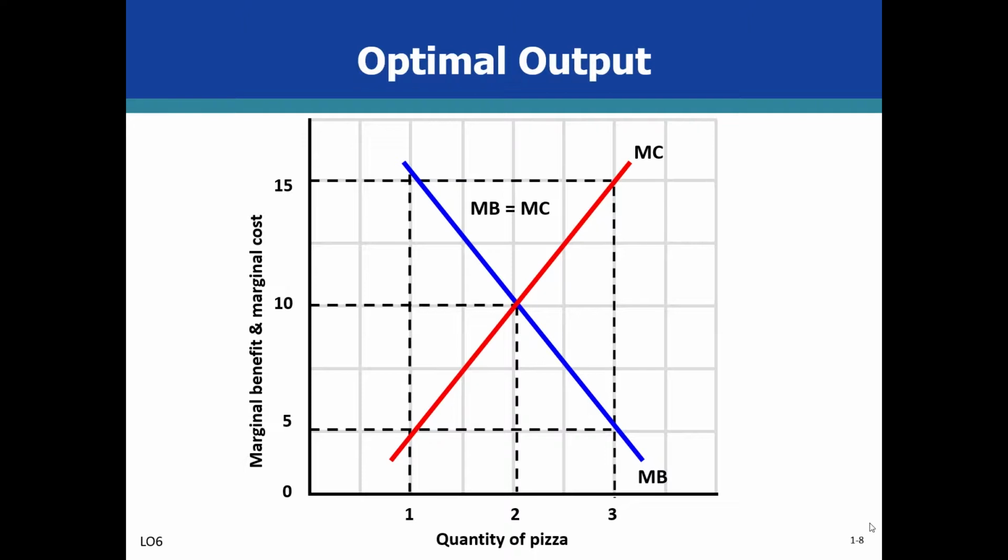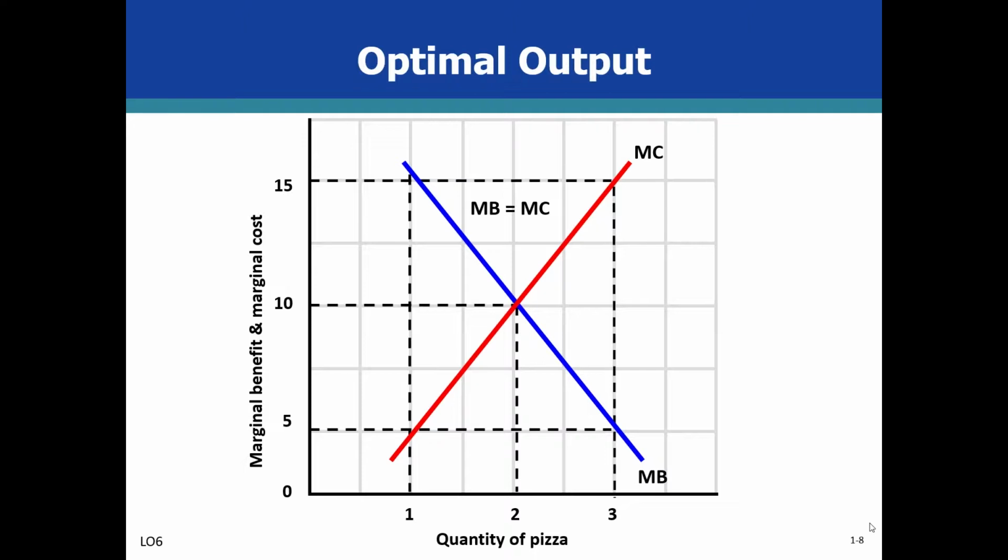You can see this in terms of the quantity of pizzas moving from 1 to 3, the marginal cost increases. The move from making robots to pizzas is not direct.